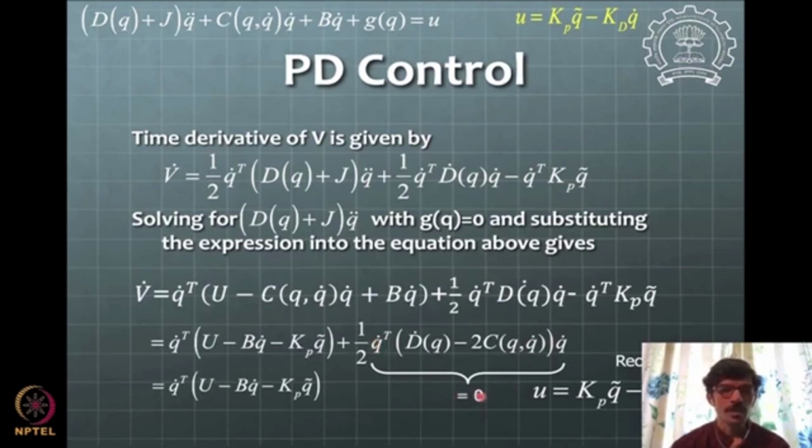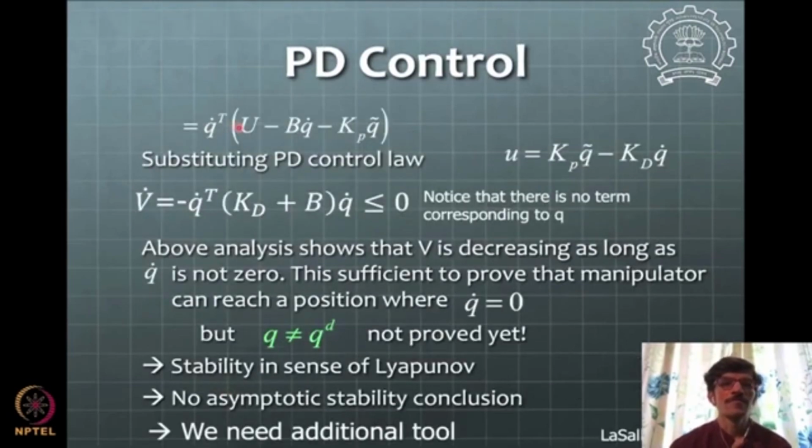Okay, so we do that and we get this expression for V dot as q dot transpose U times q dot and minus Kp into q tilde coming. Now you propose this u is equal to Kp into q tilde minus Kd into q dot and substitute it here, we get this expression.